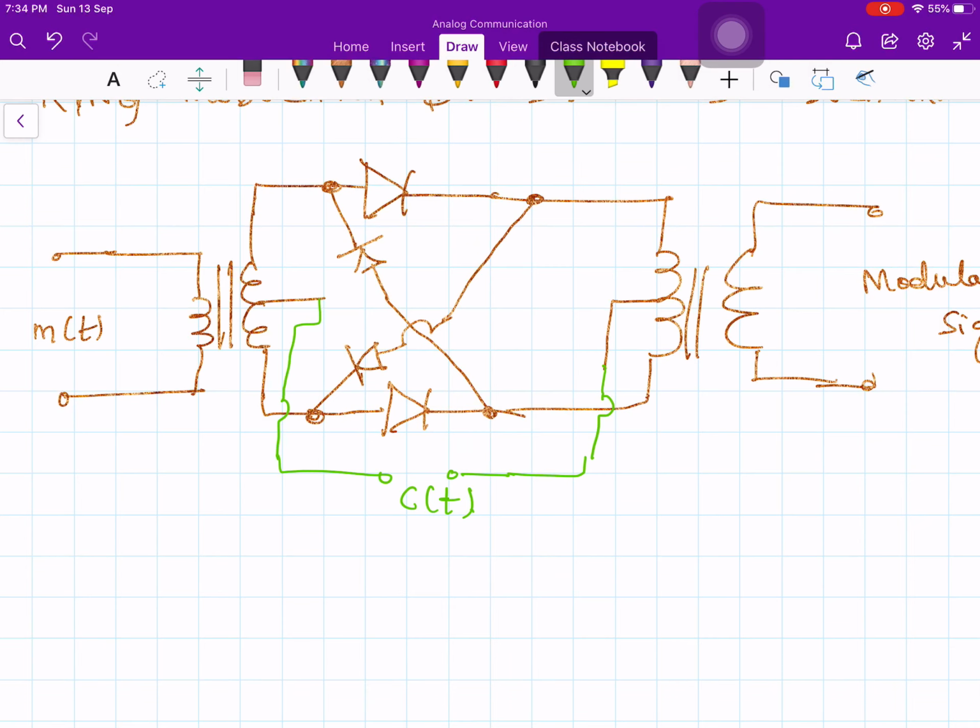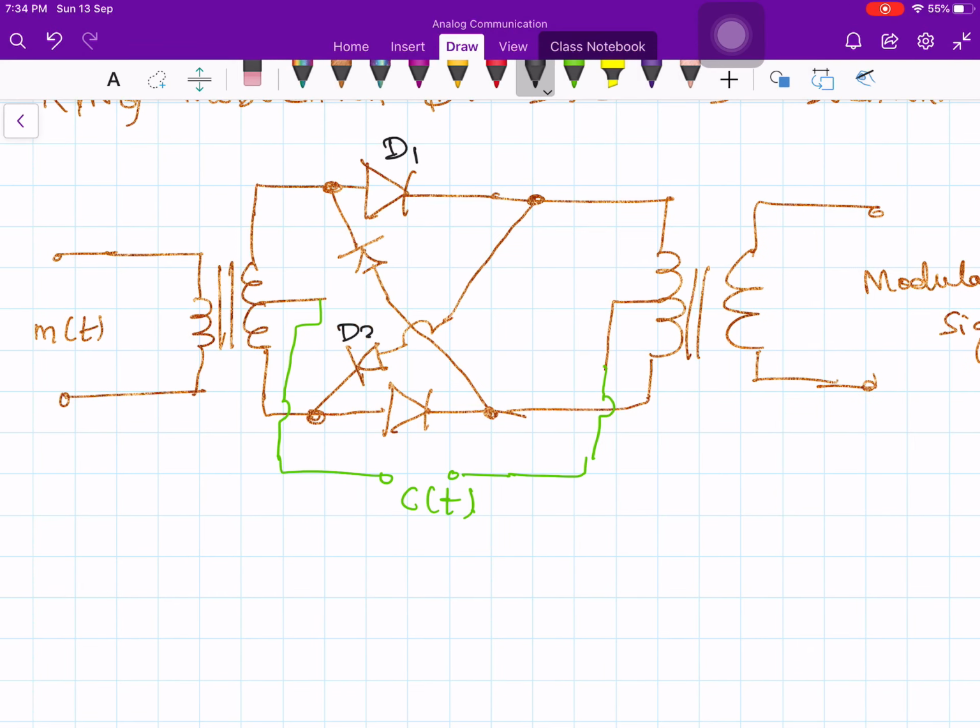That's it. Now let me name these diodes D1, then this is D2, and then this is D3 and D4, and let's say this point is A, then B, C, D. Okay, so this is the balanced modulator.